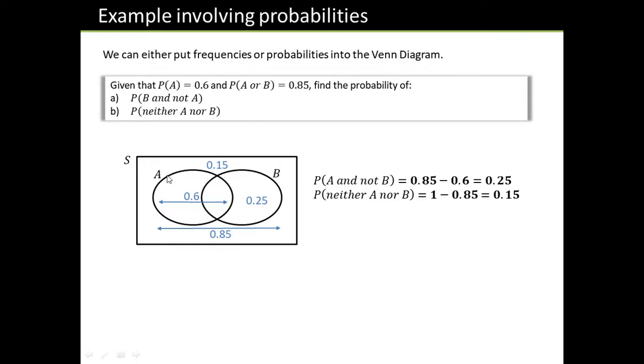So it's just 0.6 here, which means that if the A or B is 0.85, that must mean that this part, the probability of B not A, is 0.25. And then if we know that all of this altogether is 0.85, then 1 minus 0.85 is 0.15, which is the probability of neither A nor B, and that's written down here.